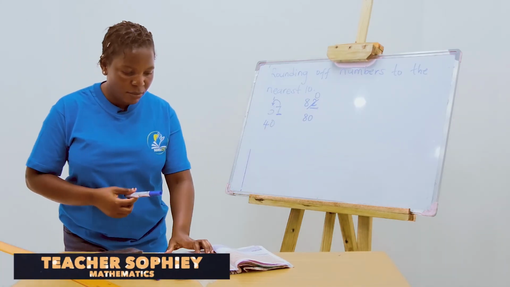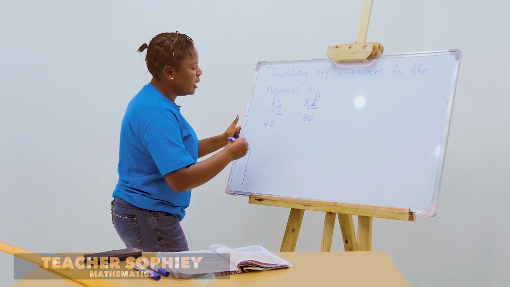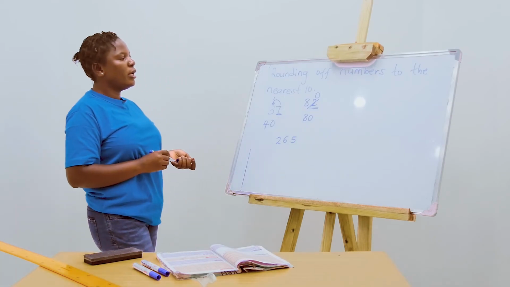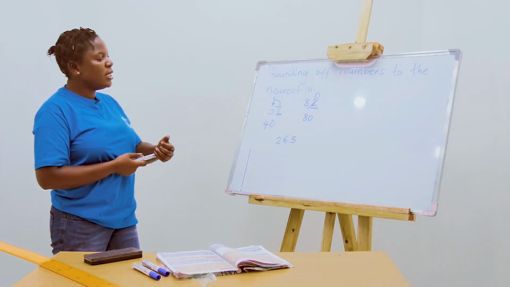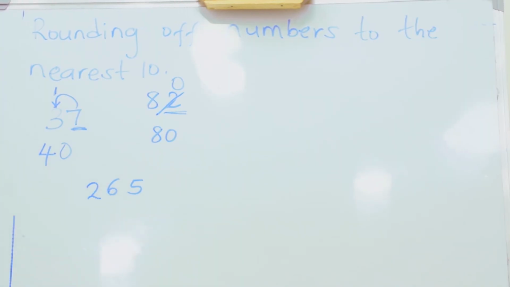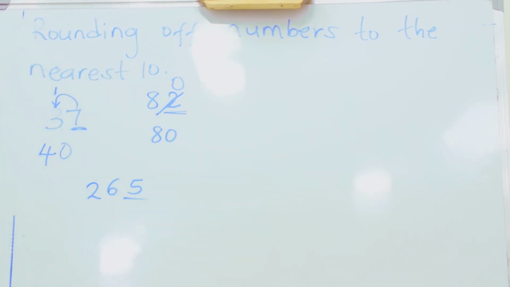I still have more examples on rounding off. I have this number, 265. We are still going to look at the last number. Our last number here is 5. So 5 has reached 5.